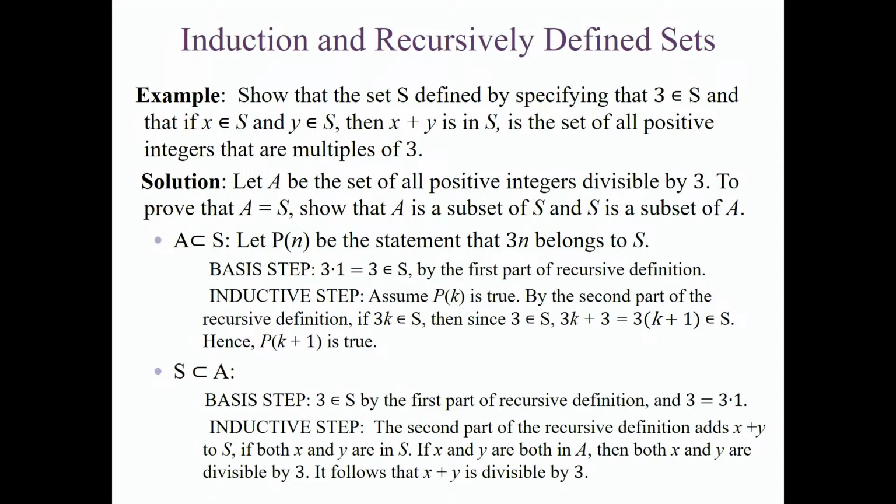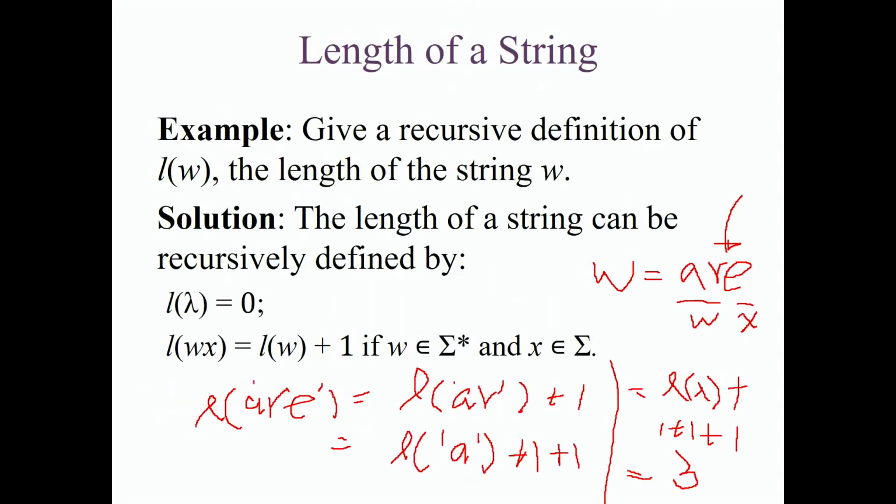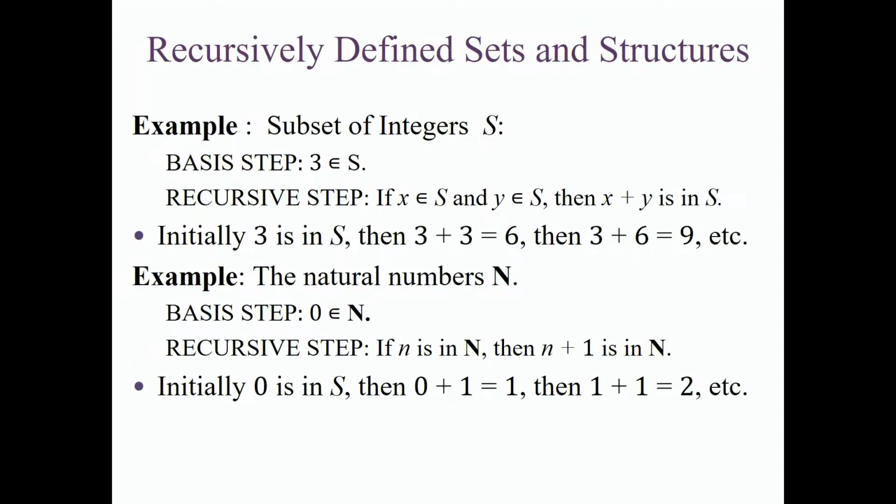We have a set S. 3 is in S, and if x and y are in S, then x plus y is also in S. Once we have the basic step, 3 in the set S, then for the recursive step, we can apply 3 as x and y, so x plus y is also in S. Therefore, 6 is also in S. Then we have 6 and 3, so 6 plus 3, which is 9, is also in S.